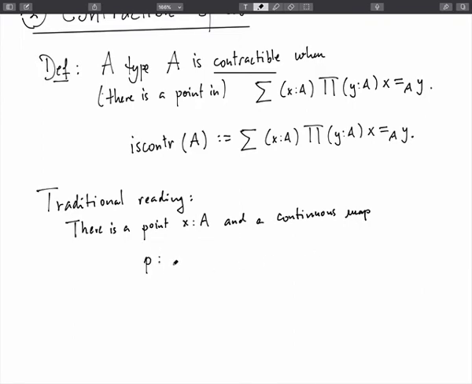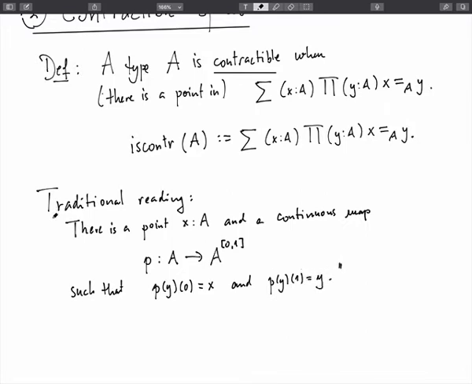P, which goes from A to the interval [0, 1]. So for each point y, it gives me a path such that P of y at 0 is x and P of y at 1 is y. That's what this definition says. This is the correct reading.